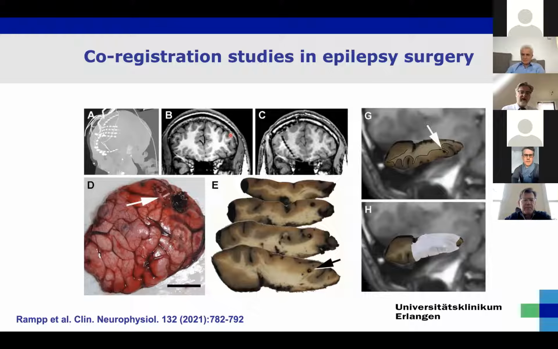And this is the example that Carl already showed, where we have tried to co-register the whole specimen into the preoperative MRI with all the grids and depth electrodes, and so we could localize that this here is a trajectory of the intracerebral EEG, but we were also able to really identify the contact, so the level of which electrode contact is in which slab, and then bringing that back into the preoperative MRI.